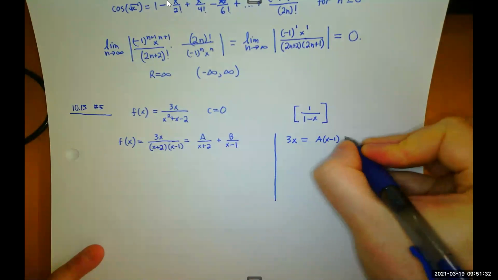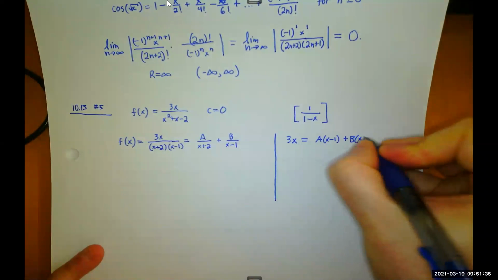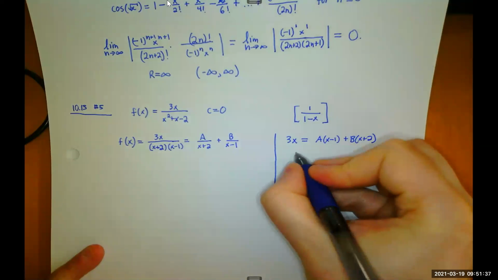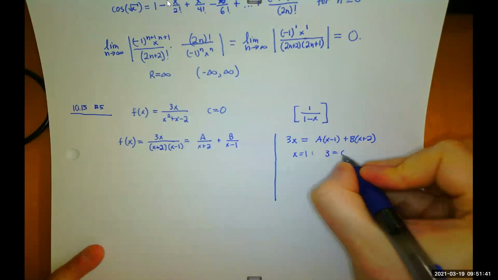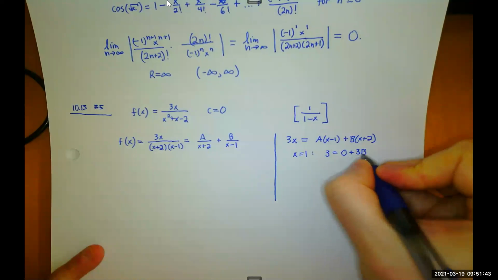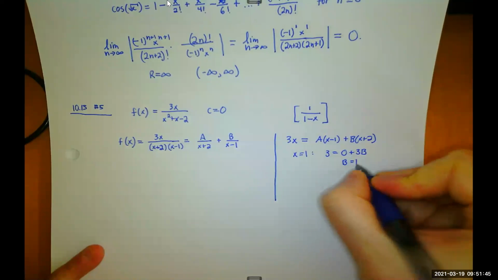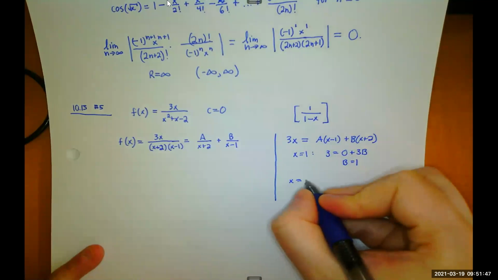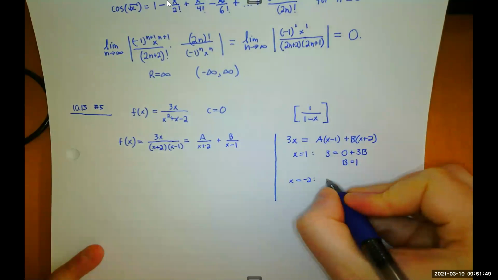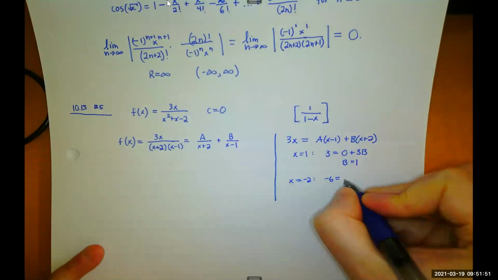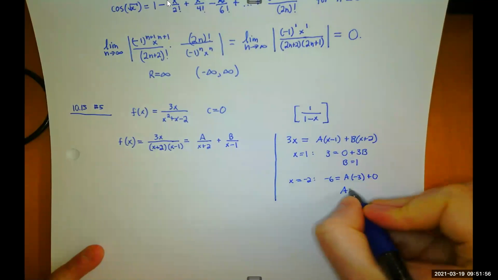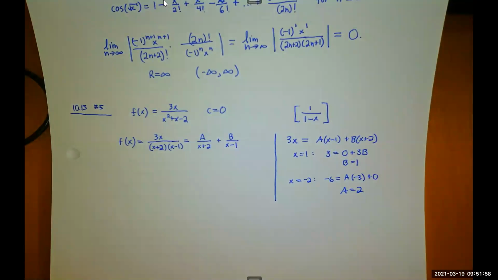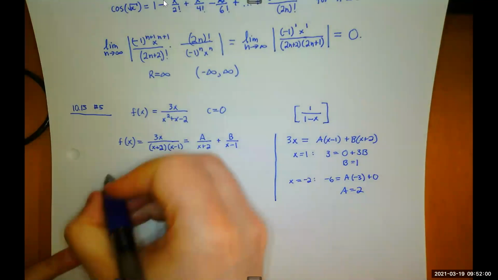After simplifying, I have this equation. I'm going to try the shortcut. The shortcut works, by the way. So I get 2 for A and 1 for B.